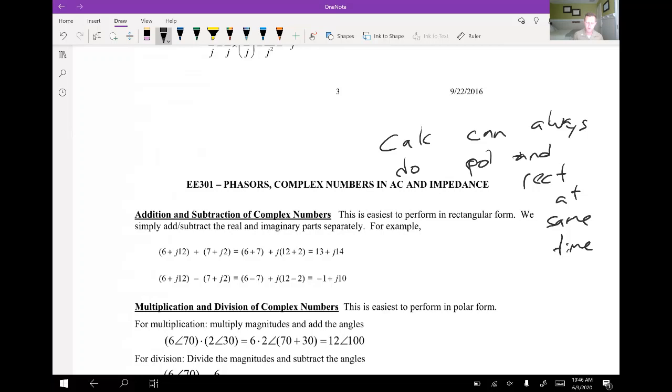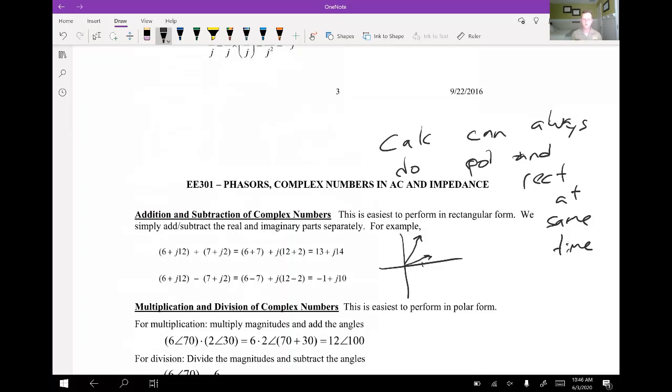And if I think about vectors, and I have 6 plus 12j, there's a vector. Well, the way that we put the vectors is we put the tail of one onto the tip of the other, and so 7 plus 2j. So 7 goes out this direction, plus 2.